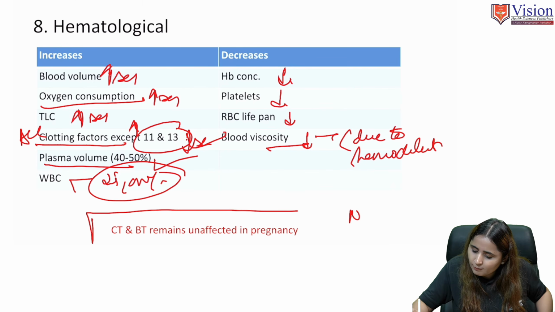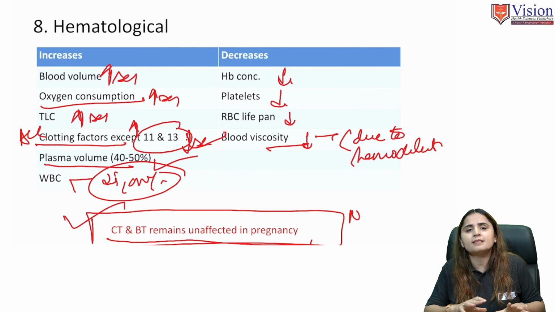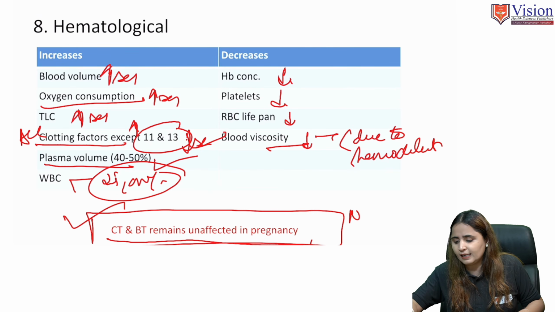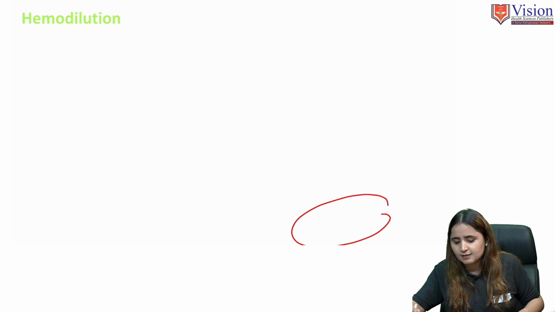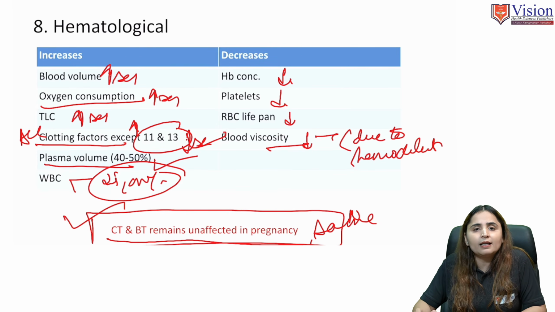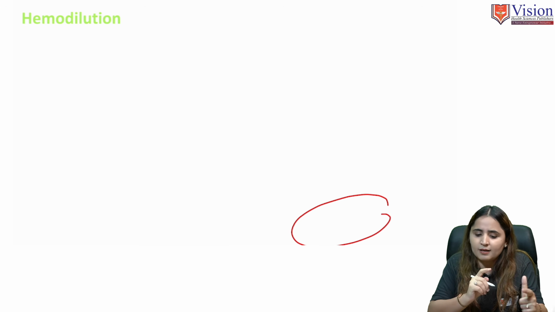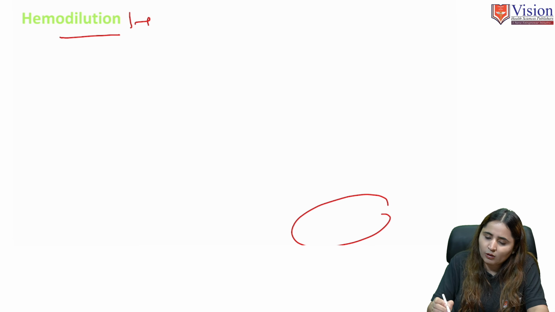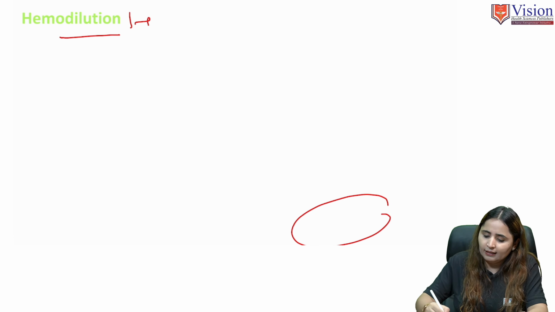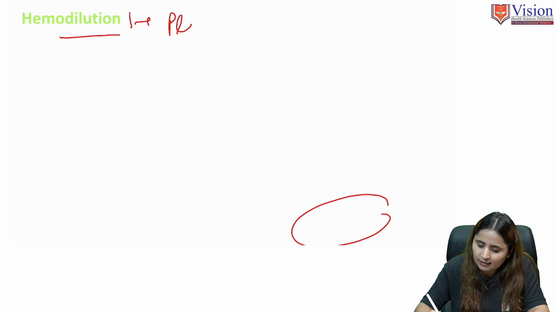And always remember that the clotting time and the bleeding time remain unaffected in pregnancy, they remain the same. Another major and very important change which happens in the blood is hemodilution. There is an increase in the plasma volume more than the RBCs.